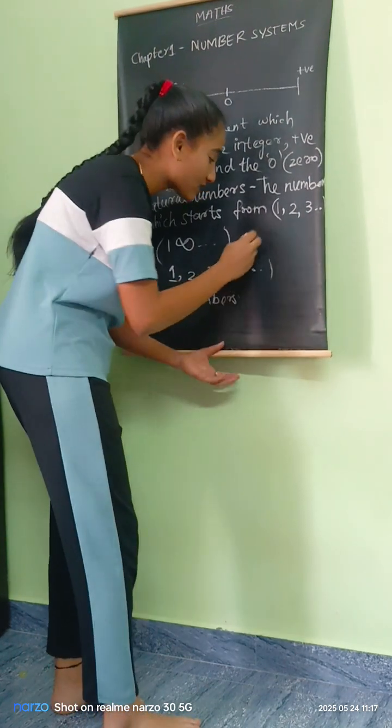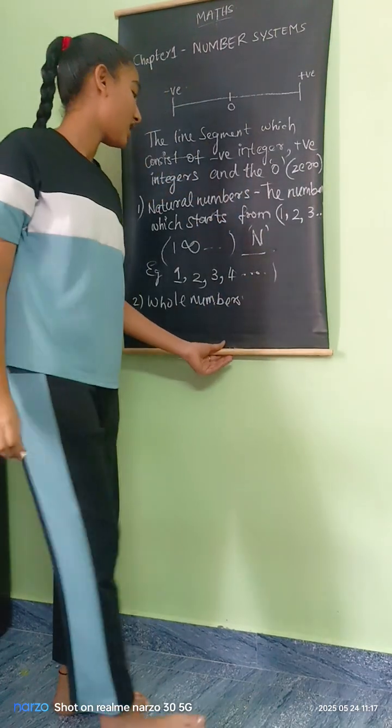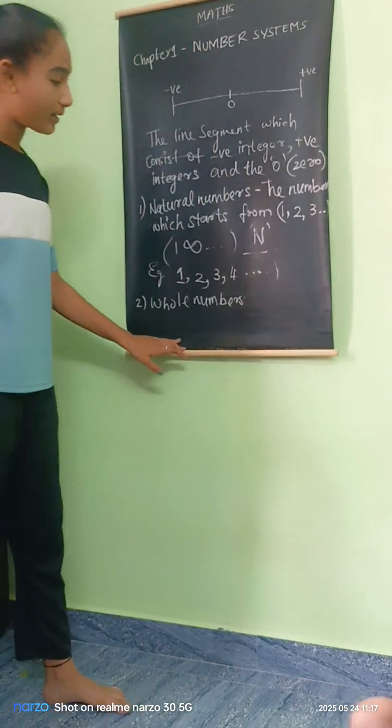The correct one is that natural numbers are denoted by N.